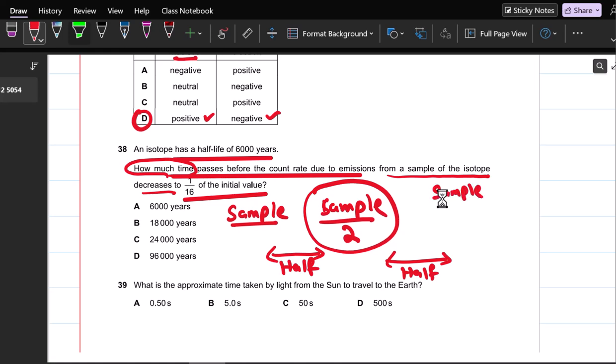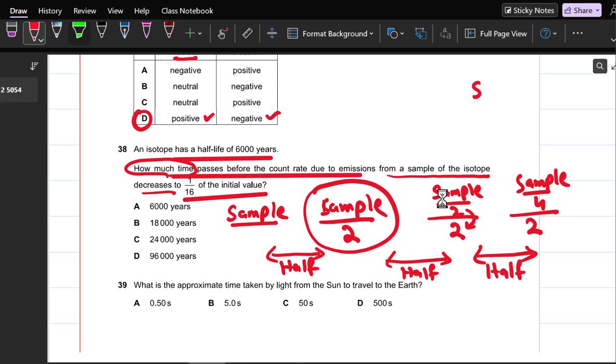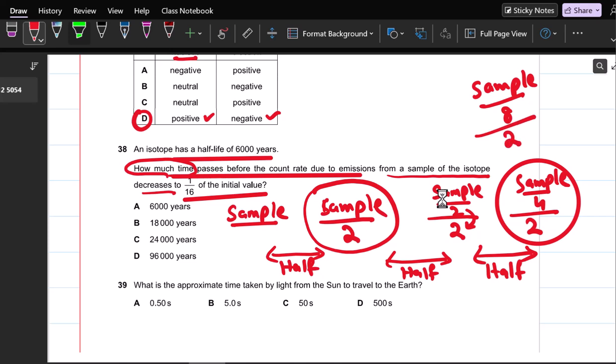And if one more half-life goes, it becomes further half. So it will be sample by 4, then I'm making it half of the previous sample. So another sample is there and it became sample by 8, so it is going to be further half, it becomes sample by 16, so it is 1 by 16.